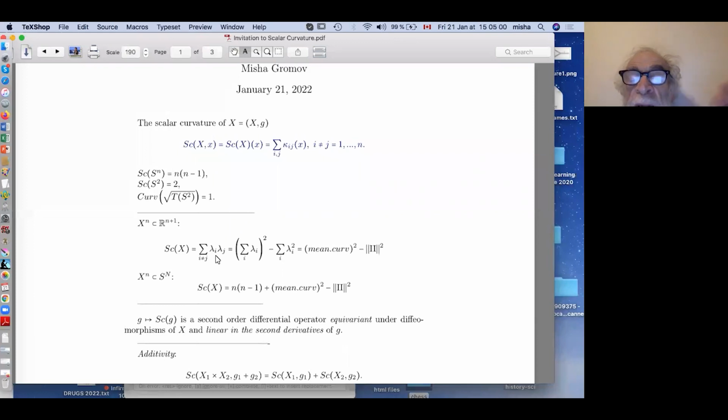You can write it down at every point as a function, and the function has first and second derivatives, a tangent plane, and the second derivative gives a matrix, and the principal curvatures. These are the eigenvalues of this quadratic form. And then there is this very nice formula: the square of the mean curvature minus the square of the norm of the second fundamental form, which is the sum of all eigenvalues squared. And this holds in all dimensions, if you have a hypersurface in high-dimensional space.